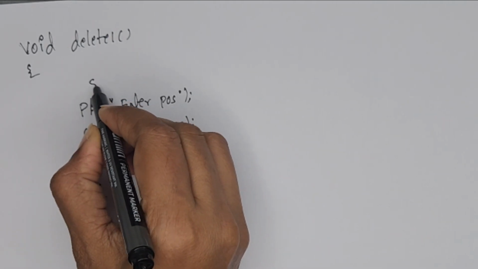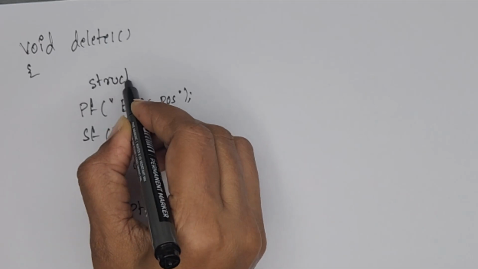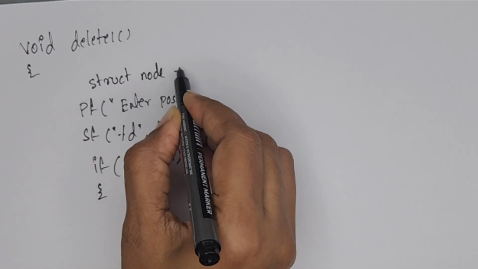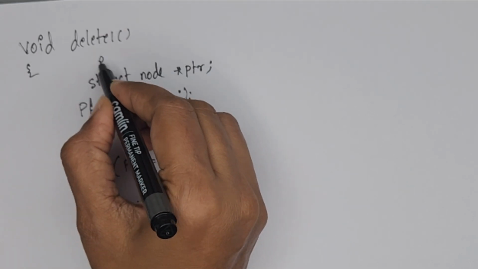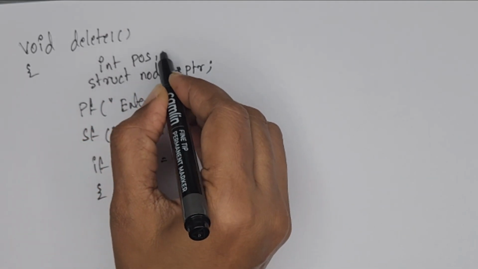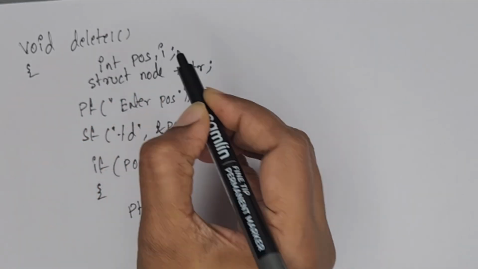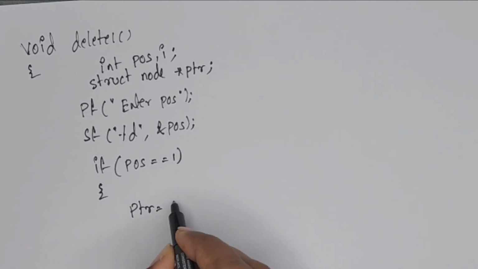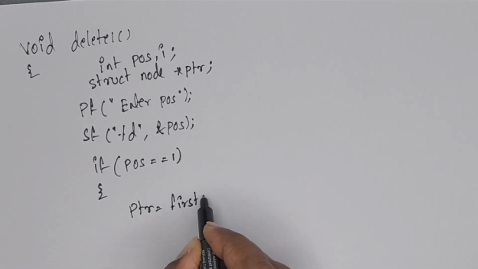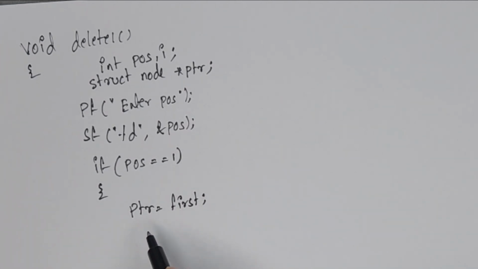So you have to declare PTR. PTR is also a variable: struct node *ptr, and int position, i. These are normal integers. So first is assigned to PTR. The first node is assigned to PTR.